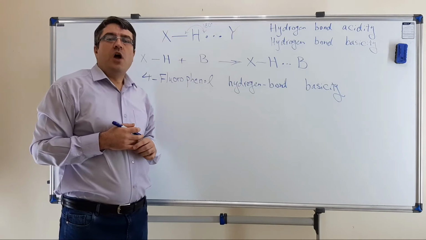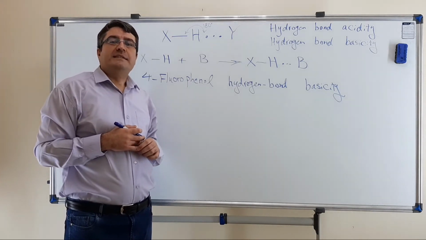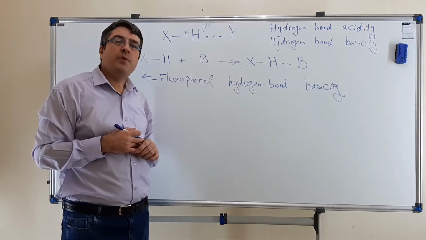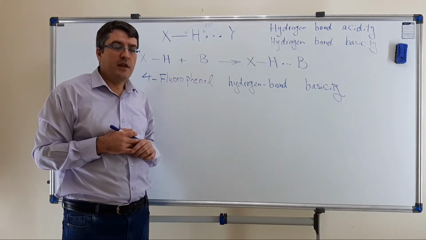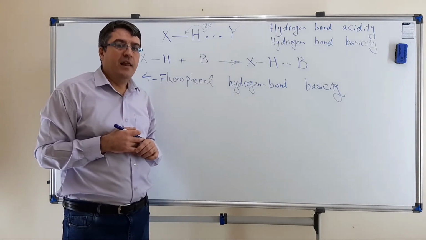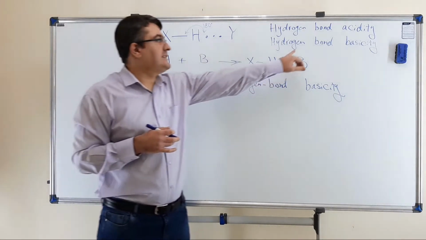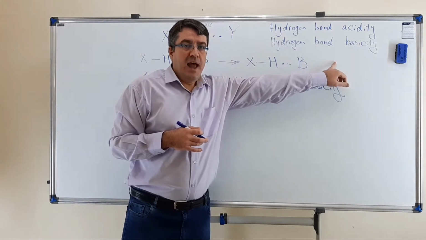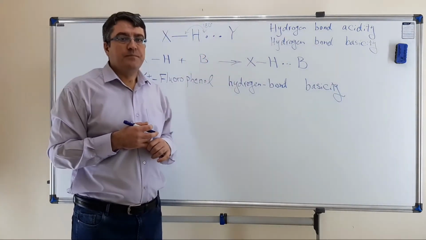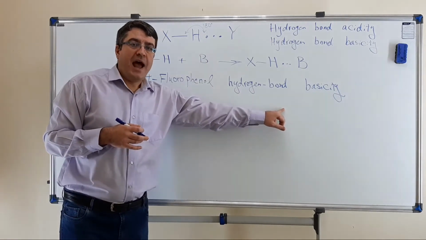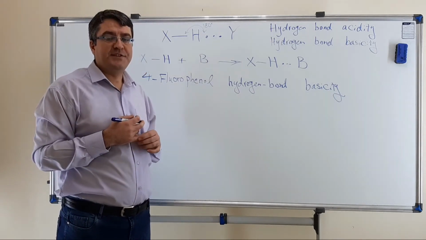In the book with the title Lewis Basicity and Affinity Scales, Data and Measurement, published by Wiley in 2010, Laurence and Gal have devoted a chapter to hydrogen bond acidities and basicities. And they have discussed 4-fluorophenol hydrogen bond basicity as a promising scale in this regard.